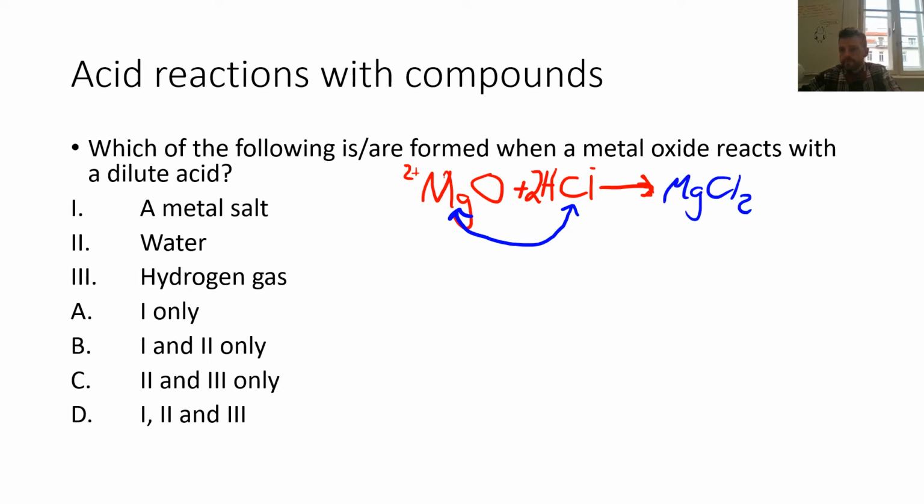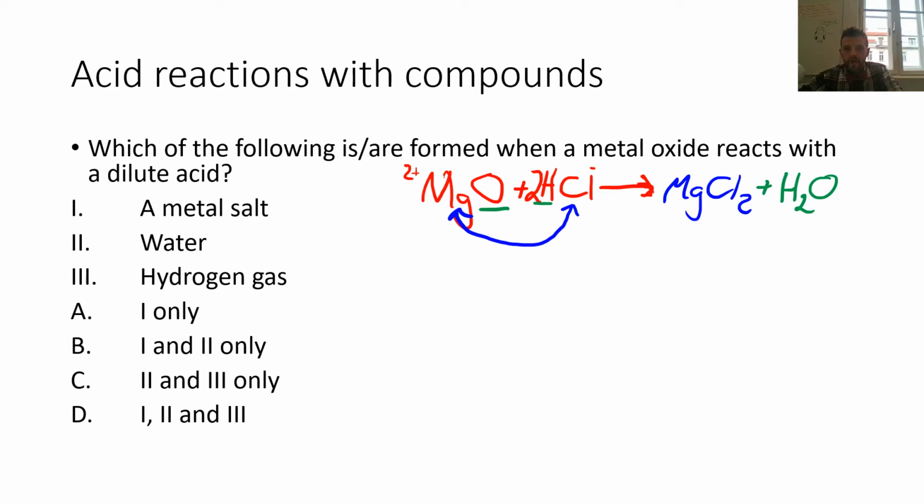So I end up getting myself MgCl2, and that only leaves me with the H and the O. And if you haven't caught on yet, H and O love to get together and make some water. So then what I end up with is a salt. Oh, let's do that in blue to make it more clear. So what I end up with is a salt.